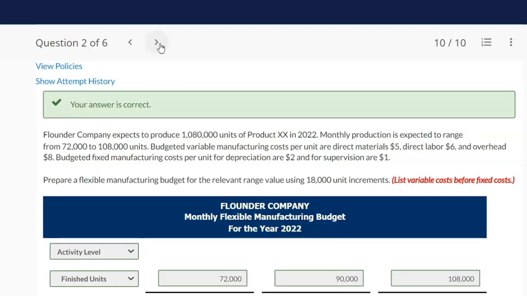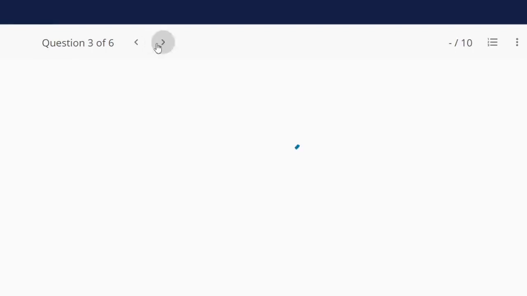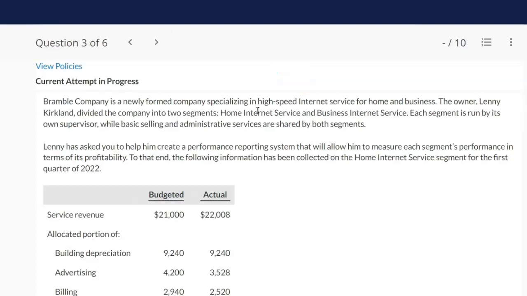We'll move on. Amber Company is a newly formed company specializing in high-speed internet service for home and business. The owner divides the company into 2 segments: home internet and business internet service.